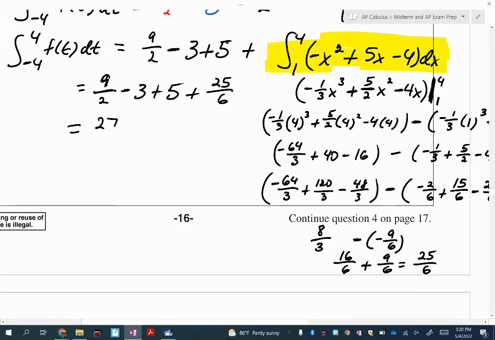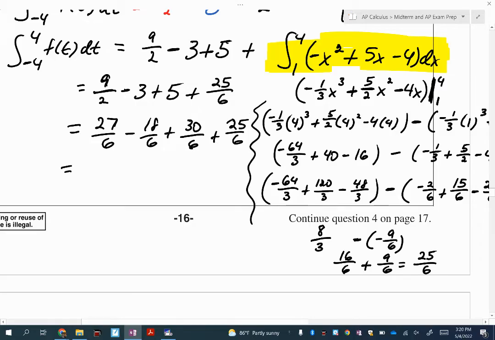So that's going to be 27/6 minus 18/6 plus 30/6 plus 25/6. Okay, 27 minus 18, 9. 9 plus 30, 39. 39 plus 25. I did something wrong.